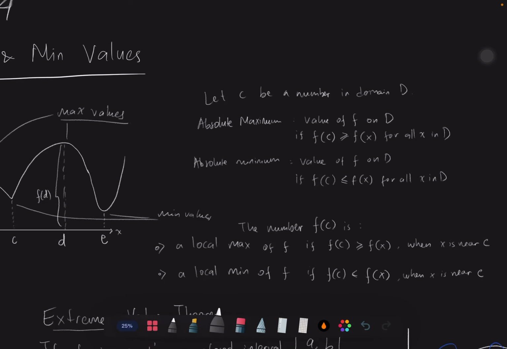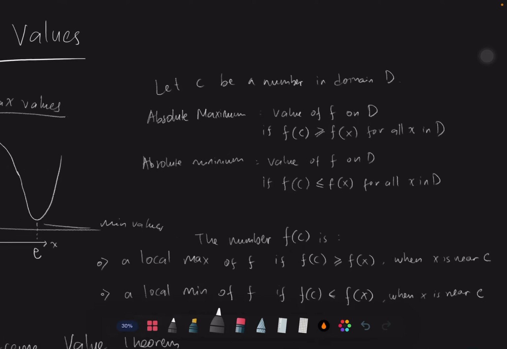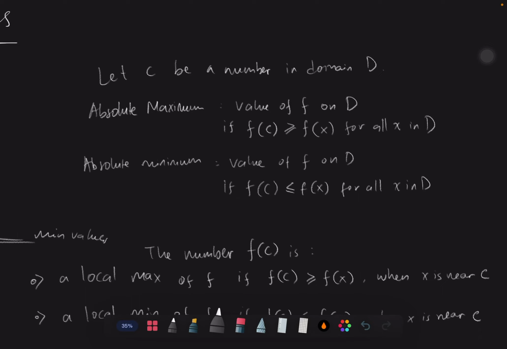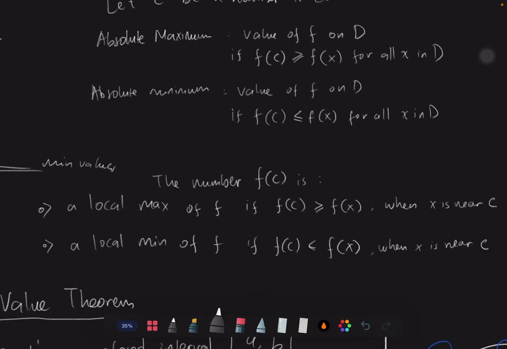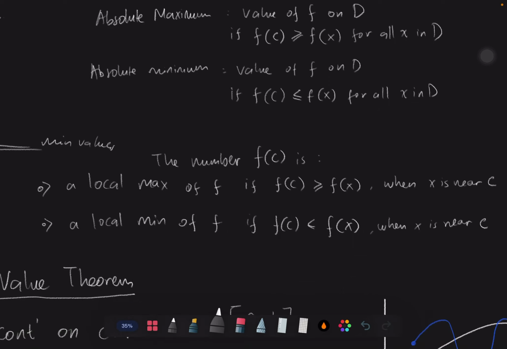And to differentiate between the absolute and the local, we can see on the interval. For absolute maximum and minimum, the value depends on whether it's on the domain, which means the whole domain of the function, or just nearby points, which is the local definition.